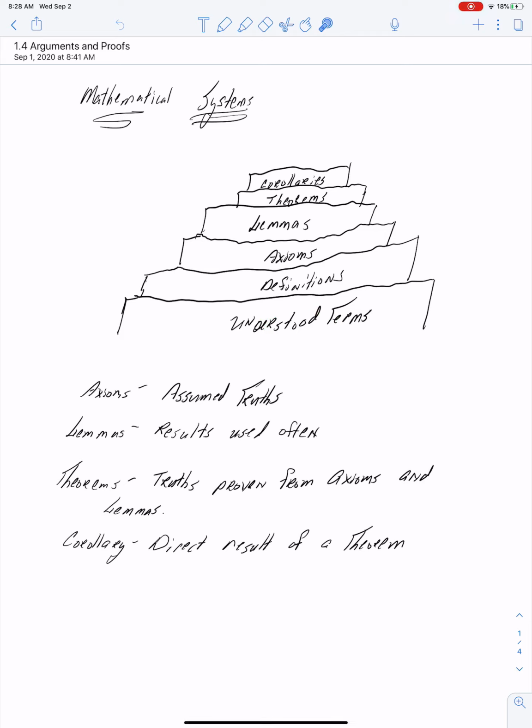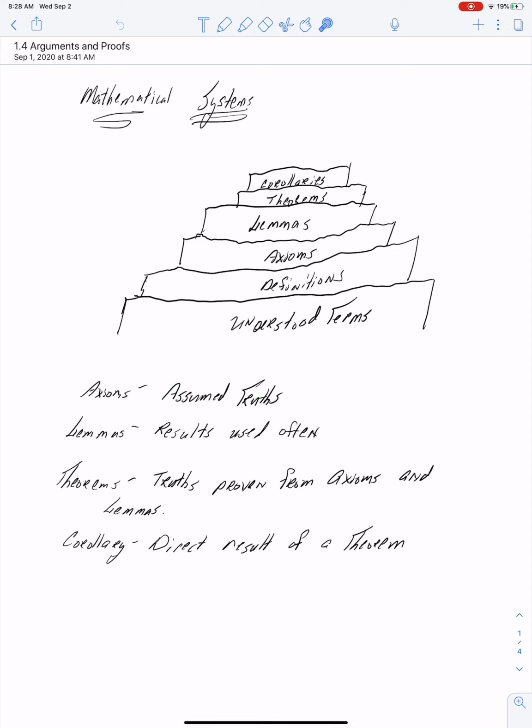Now, built on top of that are definitions. Definitions are descriptions for our audience for words they don't understand. And then on top of that is built a set of axioms. Now, what's an axiom? An axiom is an assumed truth.